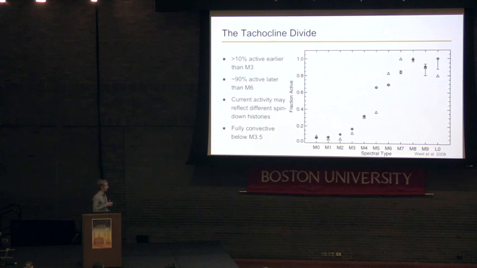Regardless of which explanation is correct, there is a difference between these stars, and when we turn our eyes to stellar modeling, we can see one possible explanation for that, and that is at M3.5, which is coincidentally also 3.5 solar masses, these stars become fully convective.